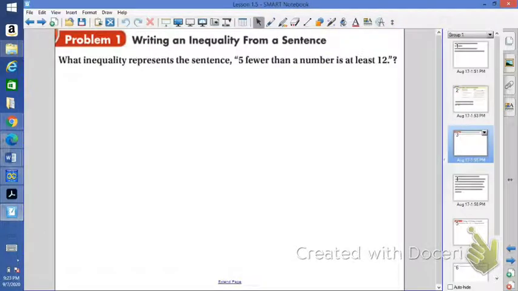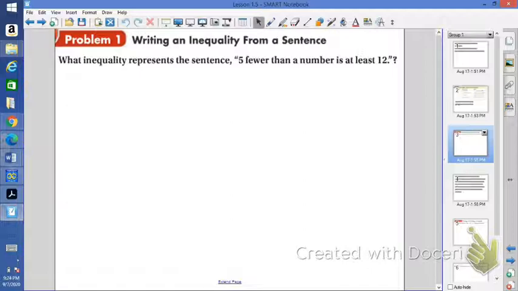In problem 1, we're going to write an inequality from a sentence. And that sentence is 5 fewer than a number is at least 12. Alright, so let's go through this. Fewer, what keyword, what operation would that indicate?